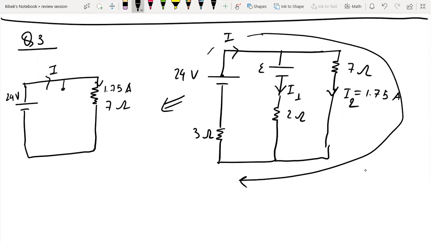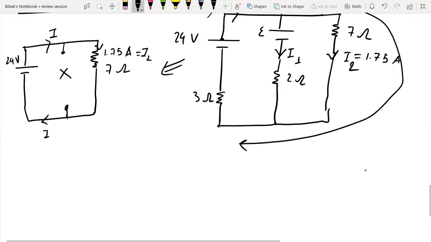Although there is a segment here, it seems like this same I is flowing here, but it's not so. That's why I'm drawing something like this. So I'm not looking at here, and this will also be I. So this is I2. So this is my loop 1.